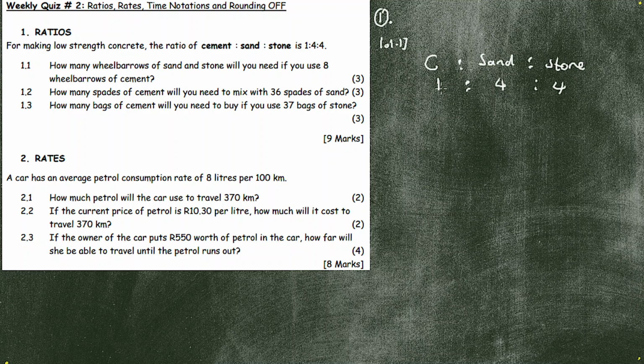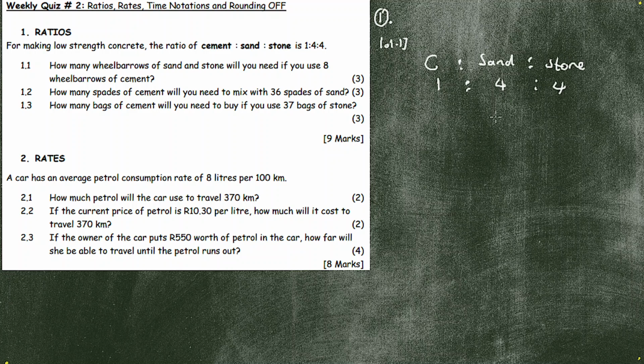Okay, so we have 1:4:4, a 3-part ratio. What do I mean by a 2-part ratio? This is a 2-part ratio. And this time I'm giving you a 3-part ratio. How many wheelbarrows of sand and stone will you need if you use 8 wheelbarrows of cement?